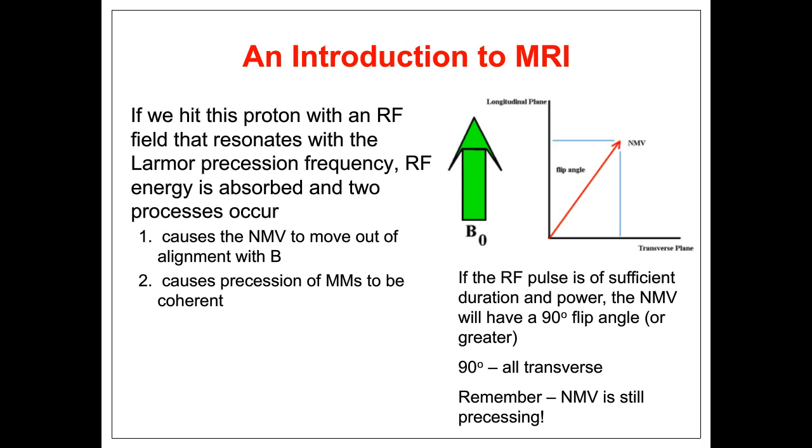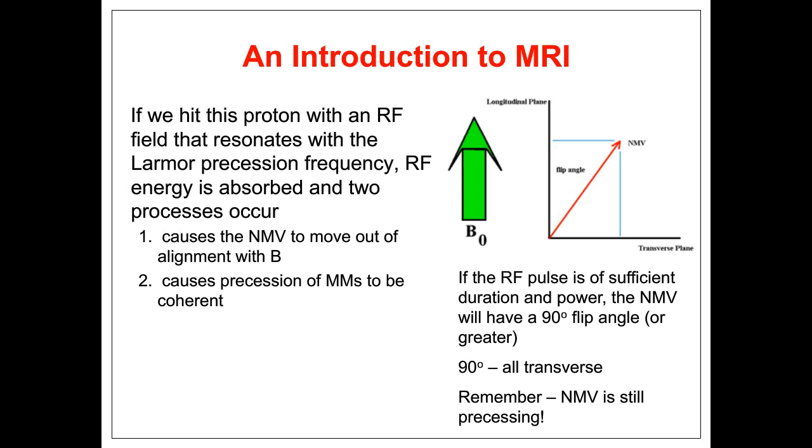If we hit that proton with an RF field at exactly the Larmor precession frequency, that is 42.5 megahertz per Tesla, two things actually happen. That net magnetization vector, all of the contributions, become coherent and form what looks like a single net magnetization vector.